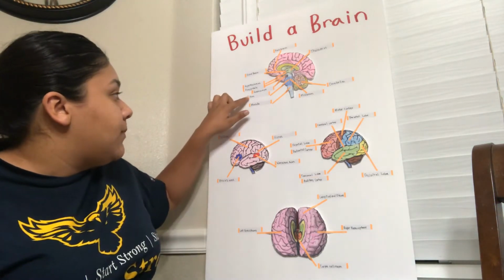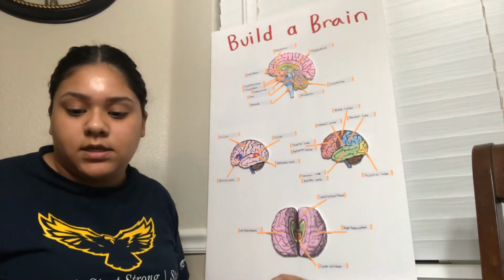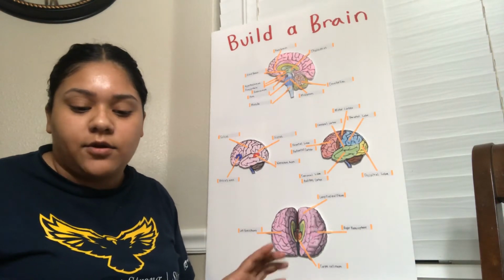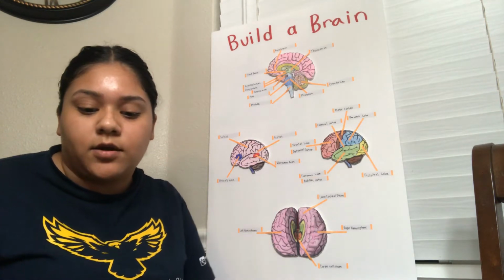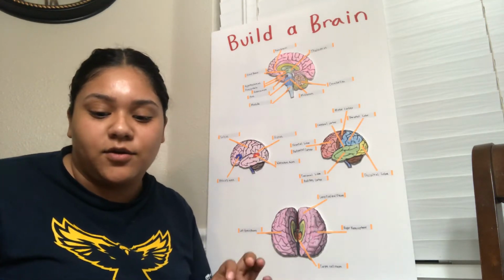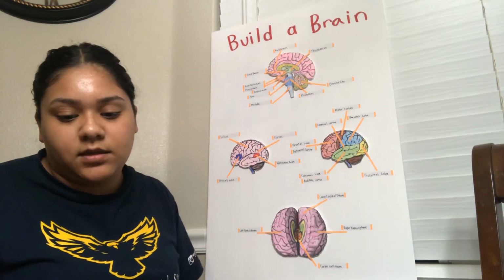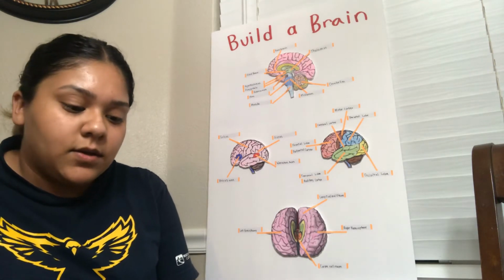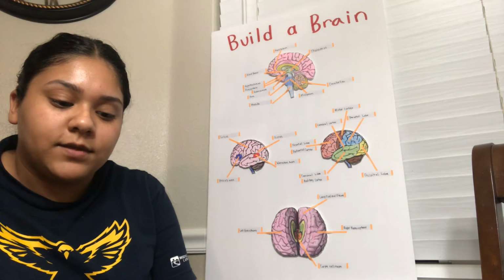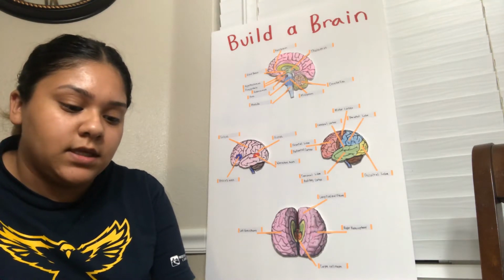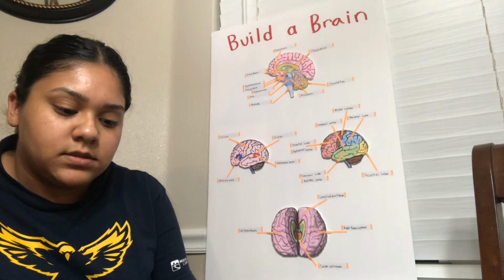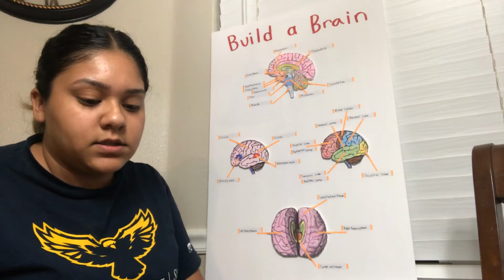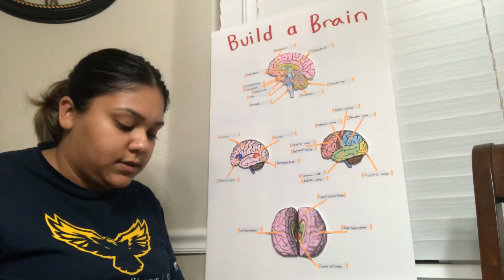The next one is the pons. The pons function is autonomic functions, like sleeping, and relaying information between the cerebellum and the cerebral cortex.